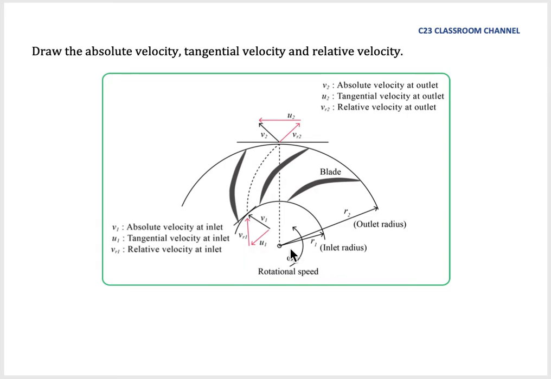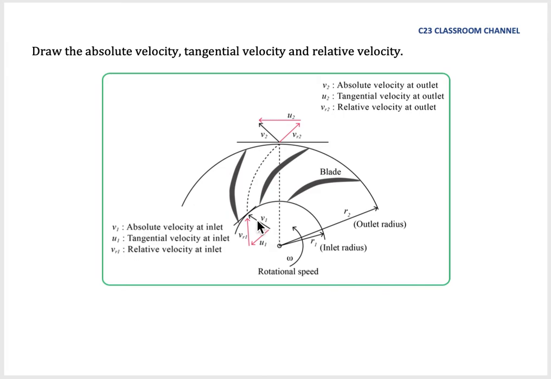Then, this is our absolute velocity. The absolute velocity is the actual velocity. So the actual velocity V1 can also be imagined as the resultant velocity. We have the actual, or resultant, velocity at the inlet.